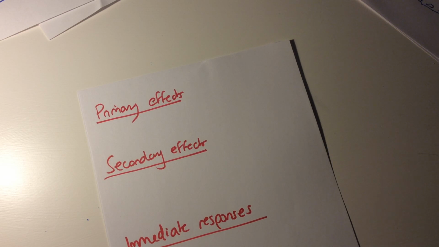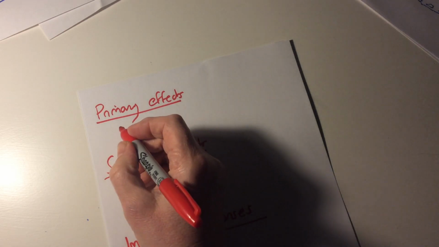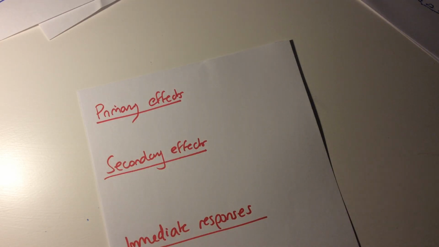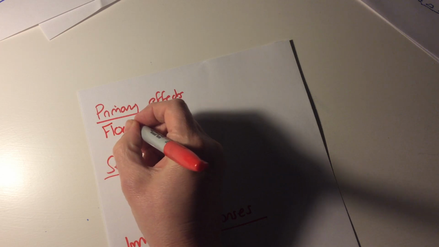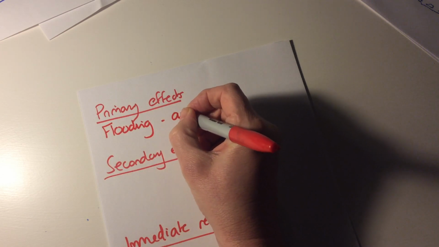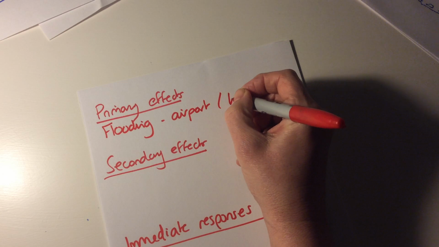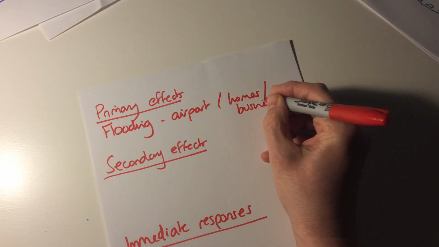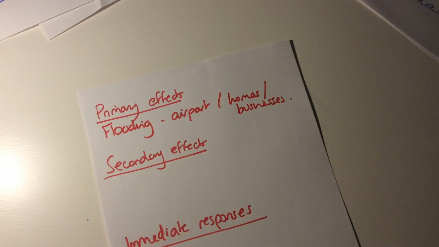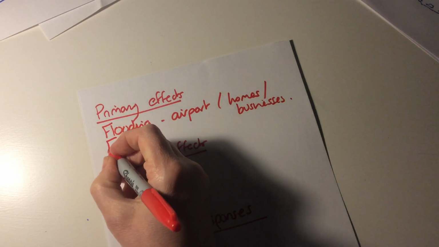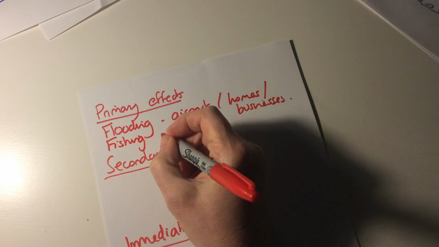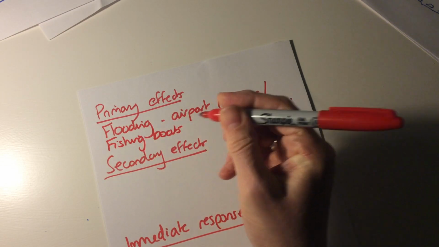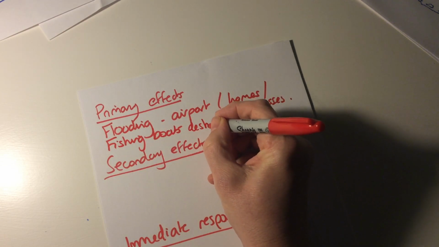Okay, so some of the primary effects that we would talk about would be flooding, so the airports, homes, businesses, the fishing boats, and it was a large fishing area, were destroyed.